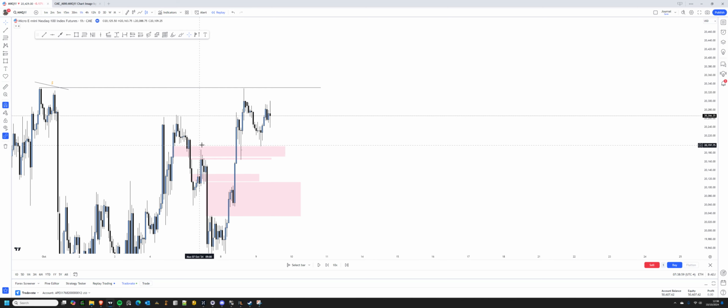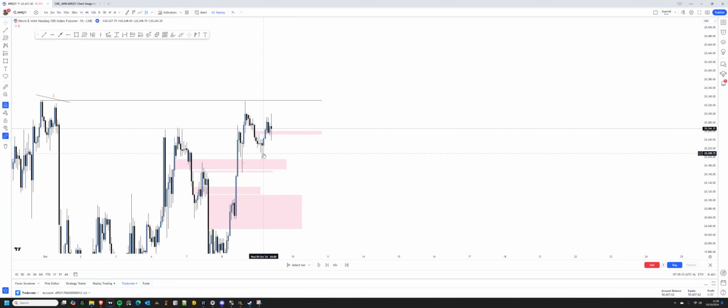So we've had the reaction from here, which we expected. We've moved up. This FVG here has been invalidated, or sorry, it's now inverted. So it failed. The bearish FVG failed. Great sign for us. And we have this recycled FVG.